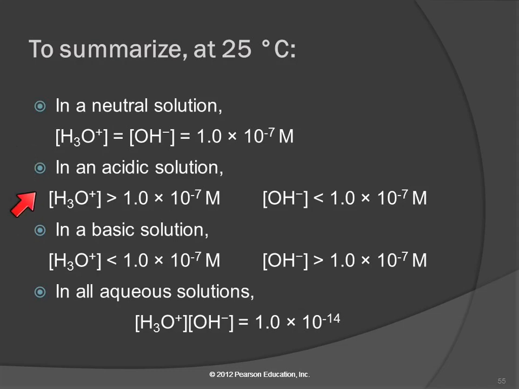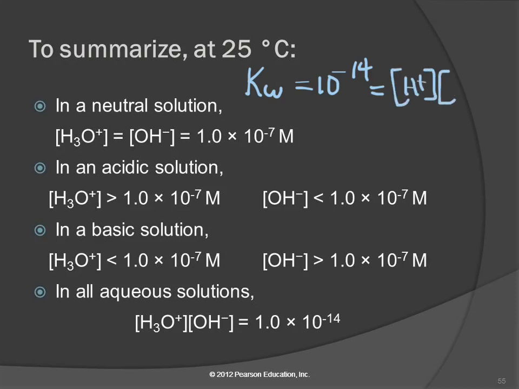If we have an acidic solution, if we add acid, then the hydronium ion concentration will be larger, and the hydroxide ion concentration will be less. Because remember that equilibrium constant is the same. It's always 10 to the minus 14. Let me write that in here. So Kw equals, just for short, I'll call it 10 to the minus 14.